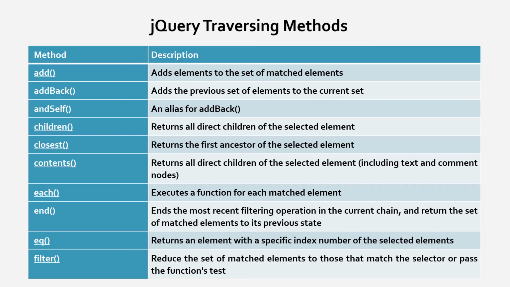This table shows a list of jQuery traversing functions. Once you go through these functions, the corresponding description will give you how exactly that function performs. So far we have discussed add, which adds elements to the set of matched elements.